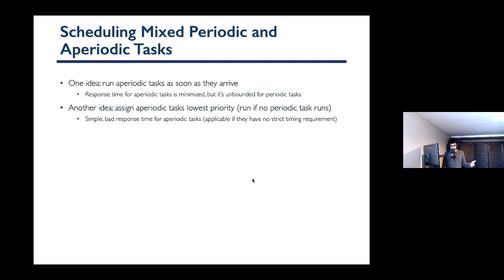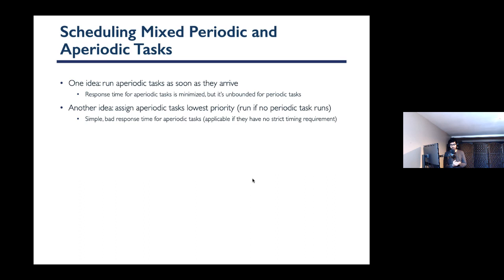Another alternative is to do vice versa. Just don't do any aperiodic task unless you don't have any periodic tasks left. So basically put them in 2 different classes, dedicate your system to periodic tasks first, and once they're done, then move on to aperiodic.